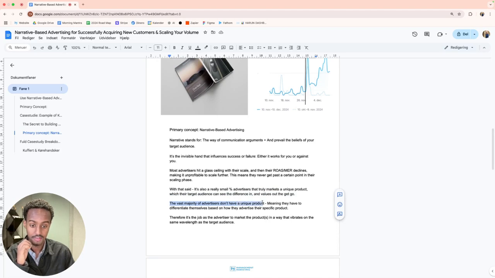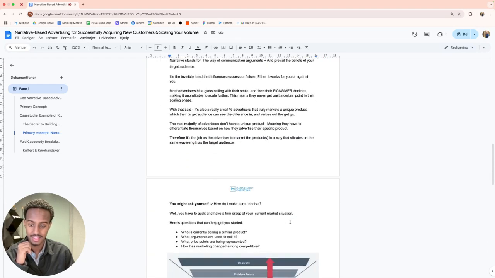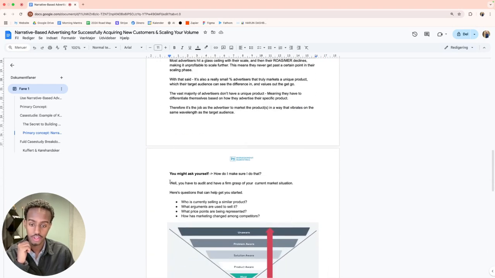The vast majority of advertisers have a similar product as their competitors, meaning that they have to essentially differentiate themselves based on how they advertise their specific product. And therefore, it's essentially the job of the marketer to market the product in a way that vibrates on the same wavelength as the target audience.